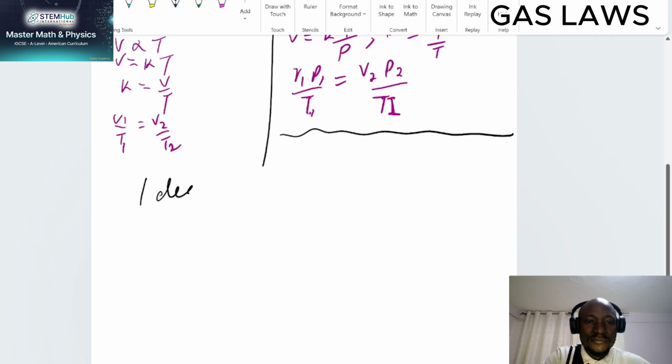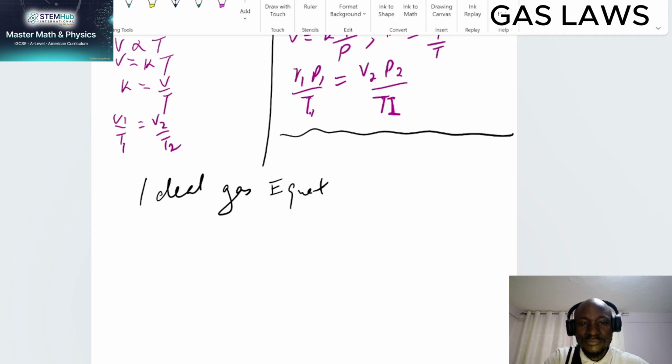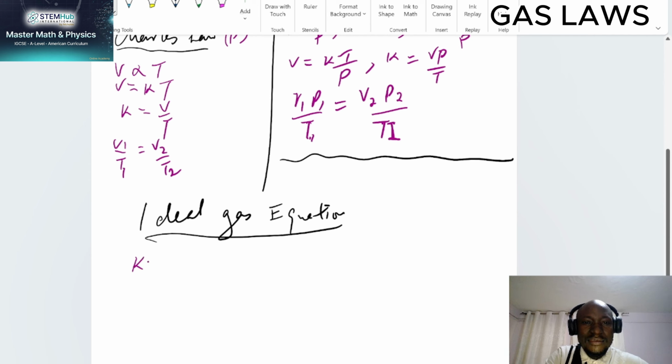Let's talk of ideal gas equation. In A levels, we introduce the ideal gas equation and it emanates from the combined gas law. Already we have seen above that K is equal to VP all over T. If we cross multiply, we shall find that VP is equal to KT.